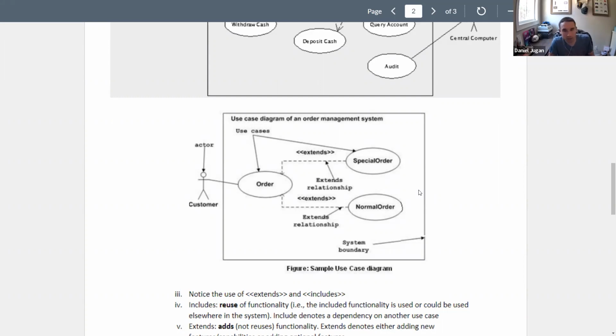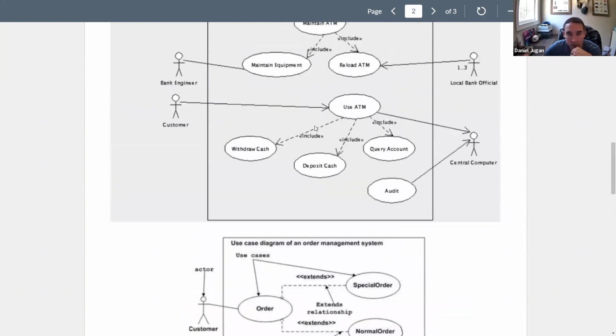We have an order management system here, and here we have a use case diagram that represents that. Externally, we have a customer. This is our actor, and a customer can place an order. As it says, these are the use cases. And we saw up above the idea of include, which is a modifier that gets added to the relationship between one use case and another.